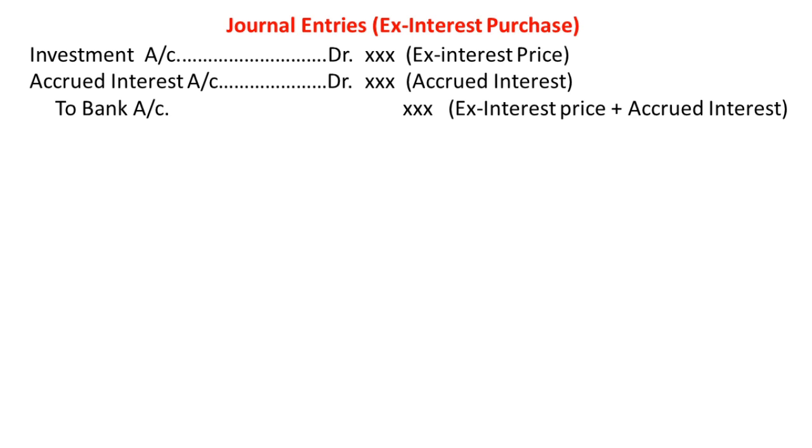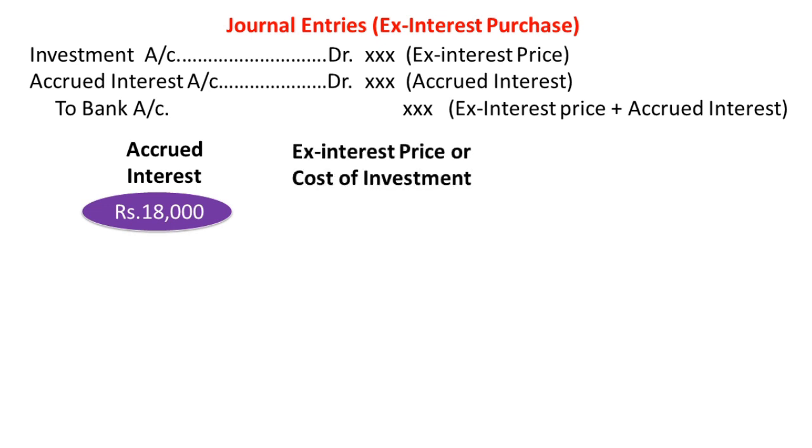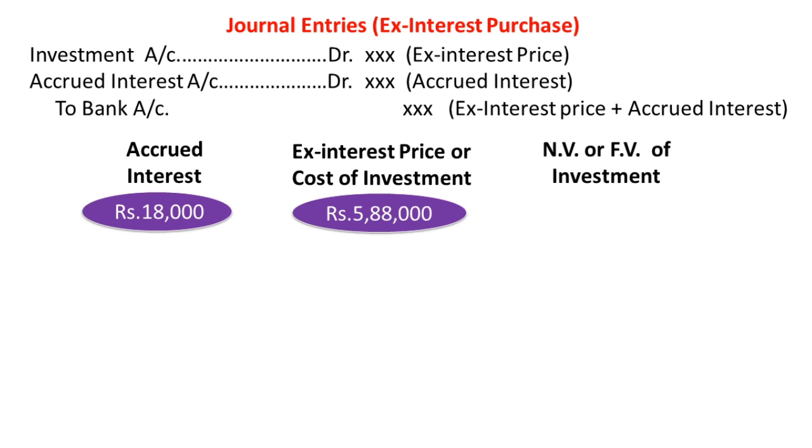So payment includes cost as well as amount of accrued interest. We have earlier calculated amount of accrued interest, which is 18,000. Cost or ex interest price rupees 5,88,000. Nominal value or face value of investment that we have purchased rupees 6 lakhs.